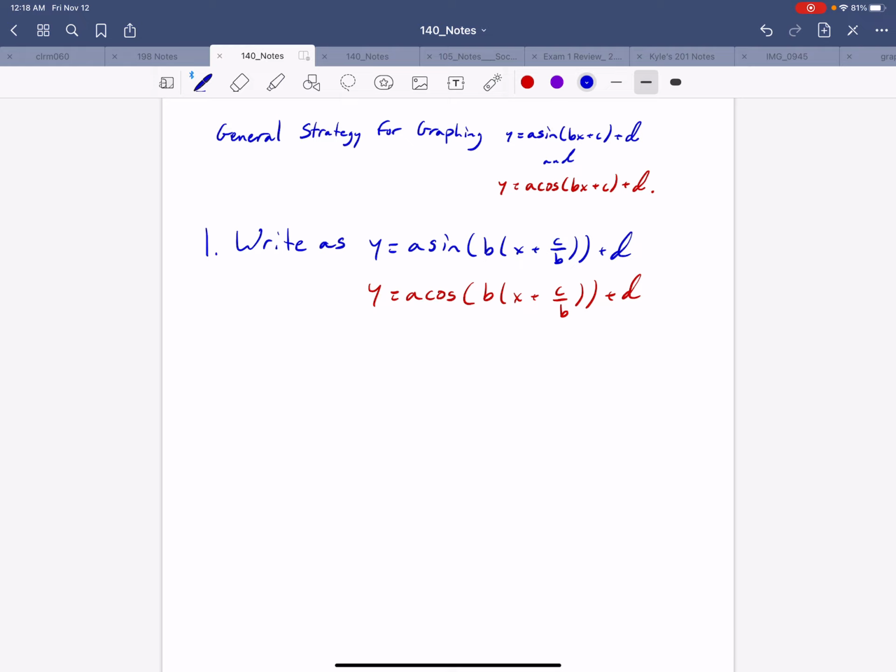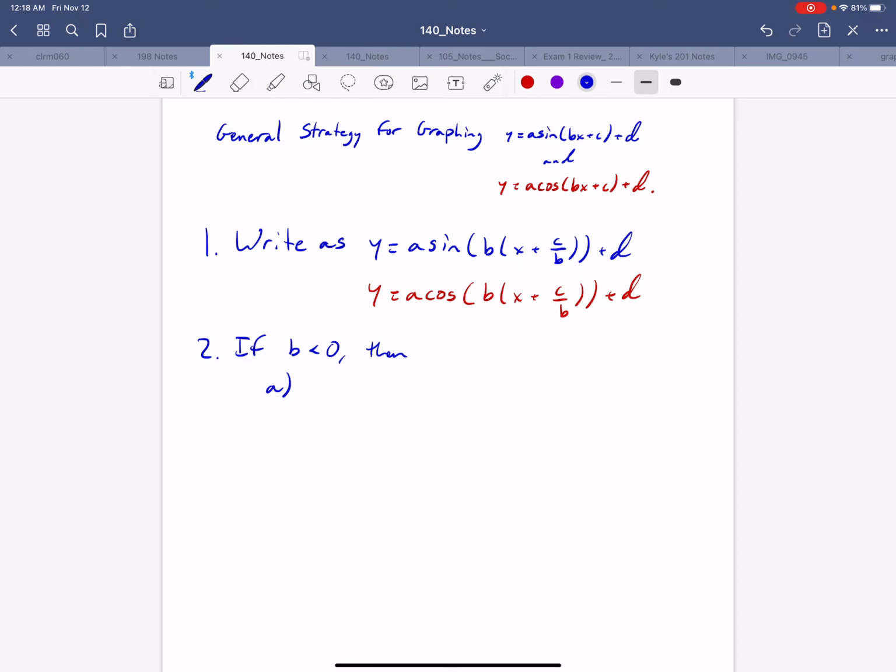Okay, now I guess I'll say step 2. If b is less than 0, which is to say if b is negative, then I'll break this into 2 parts.